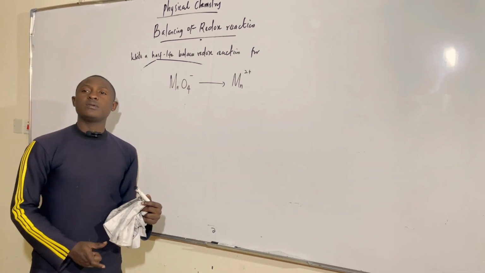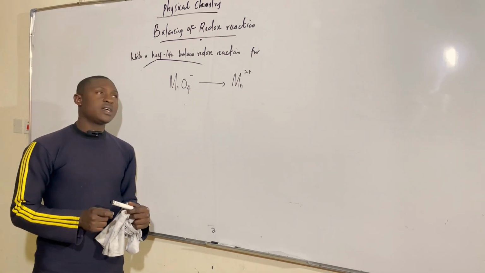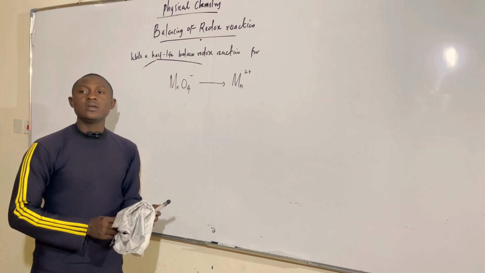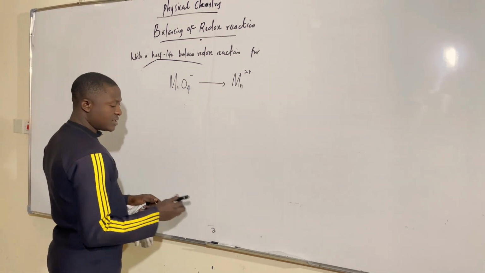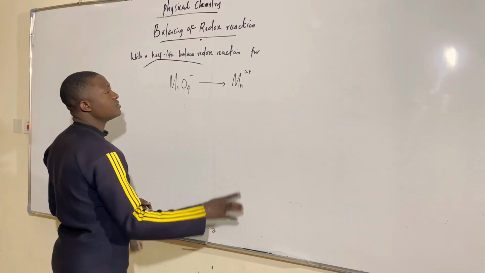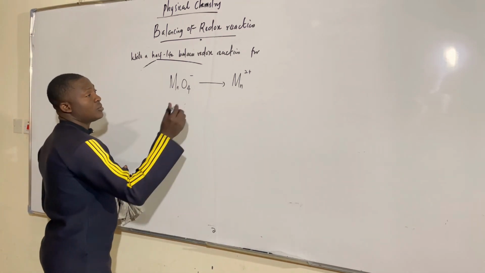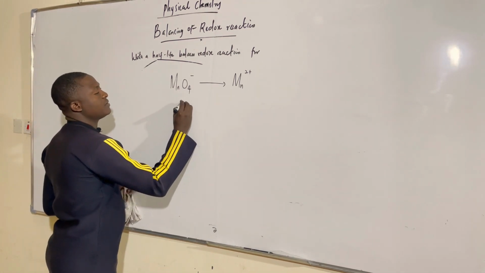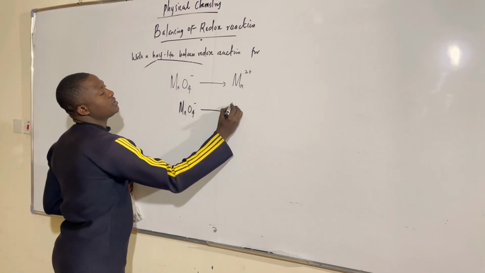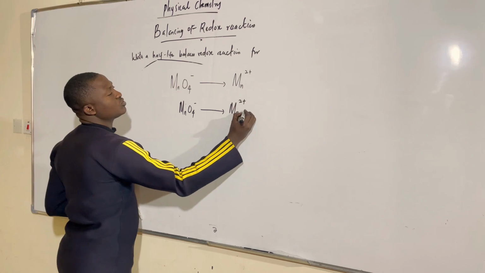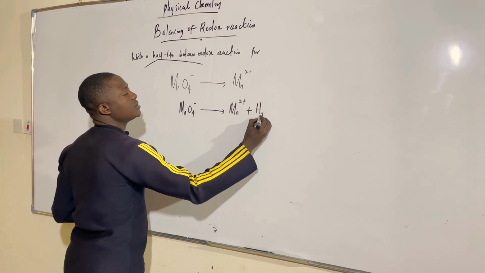So the first thing to consider is to add water to the side without oxygen. So here we have MnO4 minus to give Mn2+ plus H2O.